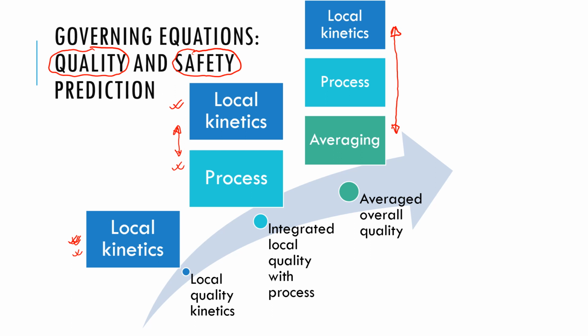So inactivation of microorganisms and their temperature dependency. Then we combine that with a heat transfer model. And then instead of averaging, in the case of microorganisms, we may go for wherever we have the least destruction of microorganisms. So that is my additional processing instead of averaging. That kind of framework would be the quality or safety framework.